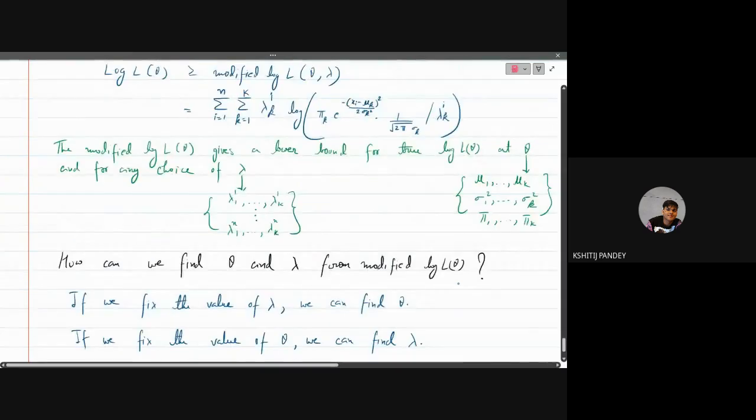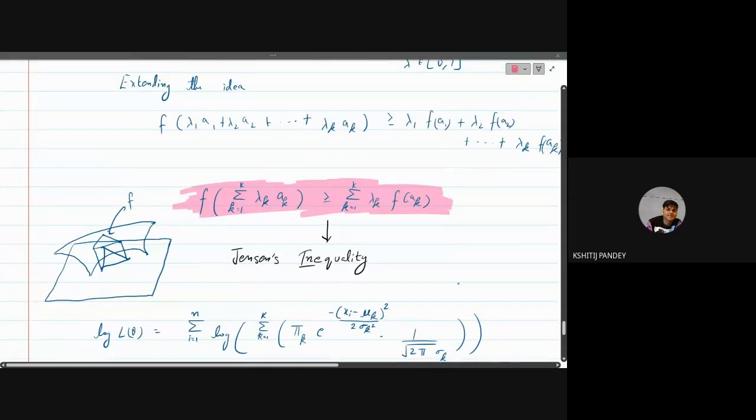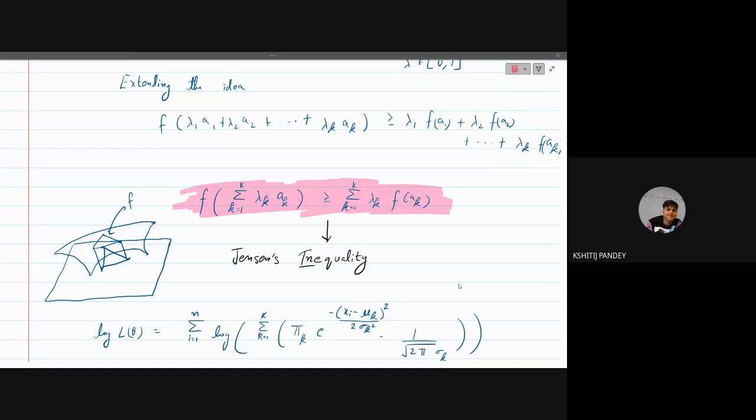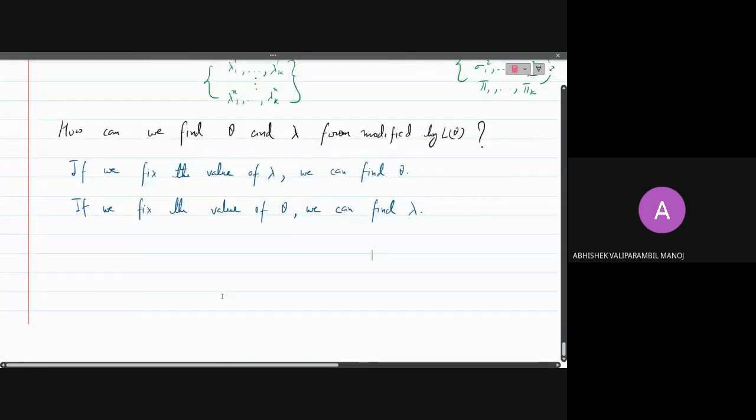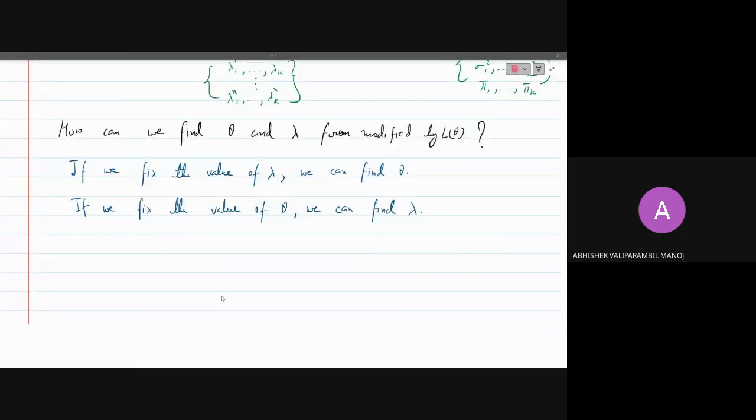Is the idea here clear? Any doubt so far? Sir, both are dependent on each other, right? Yes.